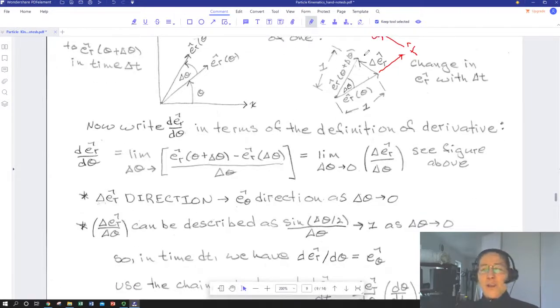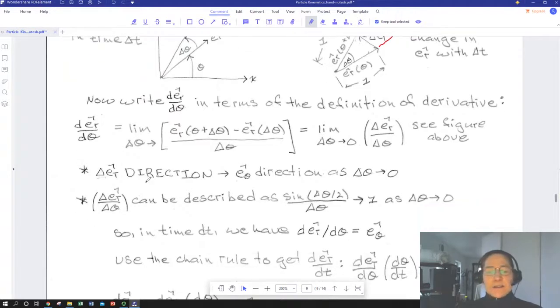And furthermore, we can look at the magnitude of this change being described geometrically with a sine of half of the theta angle, and then that approaching 1 as theta approaches 0, our small angle approximation goes to 1. So in that case, we've shown that we keep a unit vector. The direction of the delta r hat is the theta hat direction.